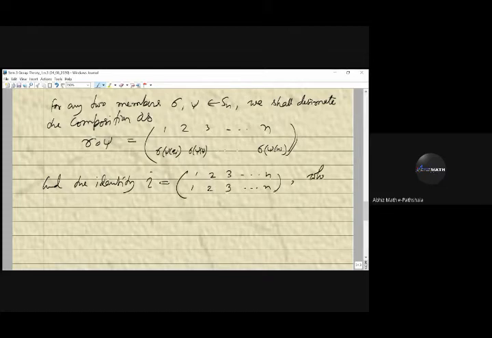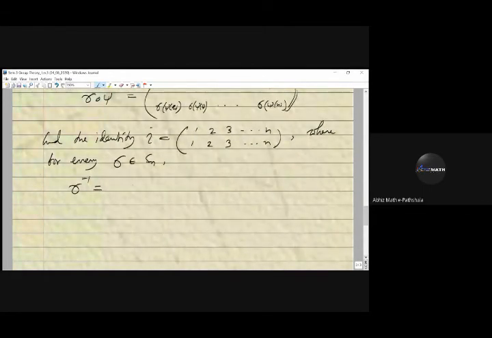Where for every sigma belongs to Sn, sigma inverse will be displayed as sigma 1, sigma 2, sigma n.